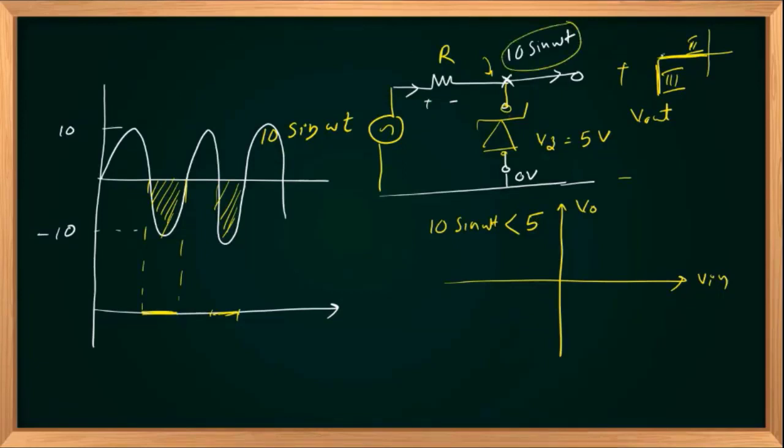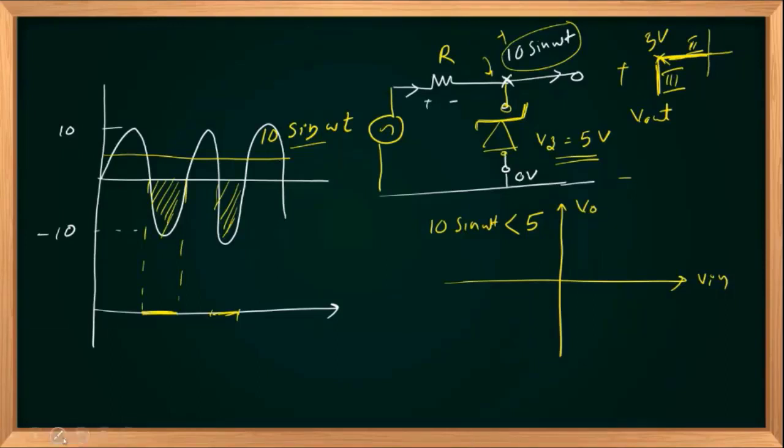If that value is less than the breakdown voltage of 5 volts, V in is less than 5 volts. Negative here in this axis, but we have placed a diode with the cathode up, so a positive signal will reverse bias the diode. If that reverse bias exceeds 5 volts, I'm marking the level 5 here, it will be in breakdown mode.